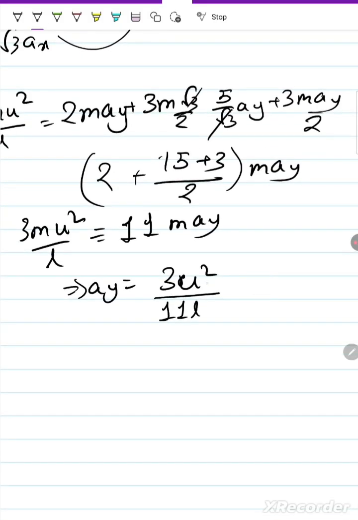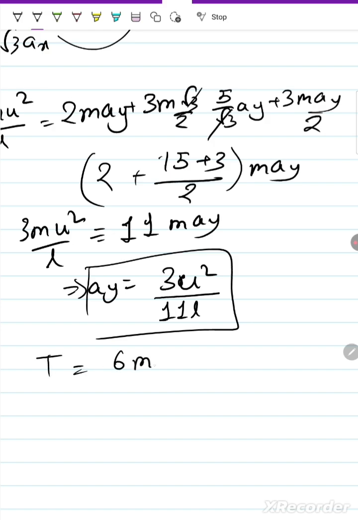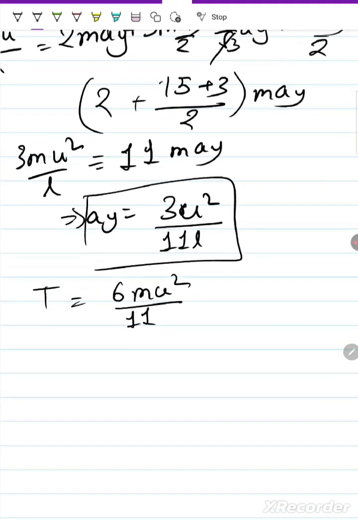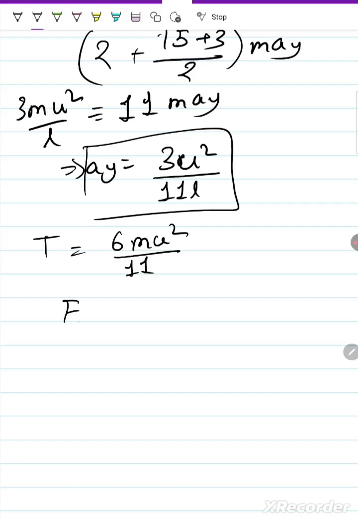And this is a very important result to solve the question further. Thus tension is equal to 6mu square by 11L. Now think logically. With respect to the ground frame, the acceleration of each of the discs will be the tension force of the rod on the disc divided by the mass of the disc.